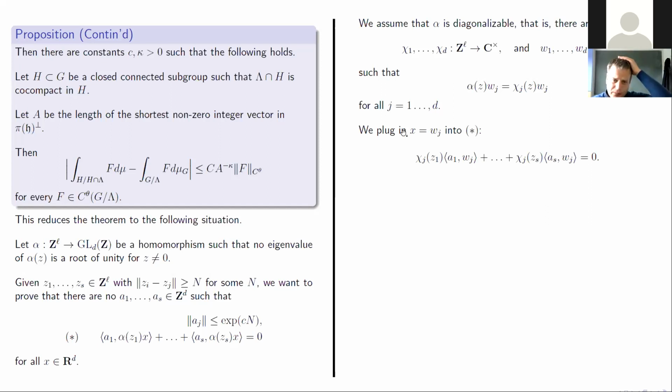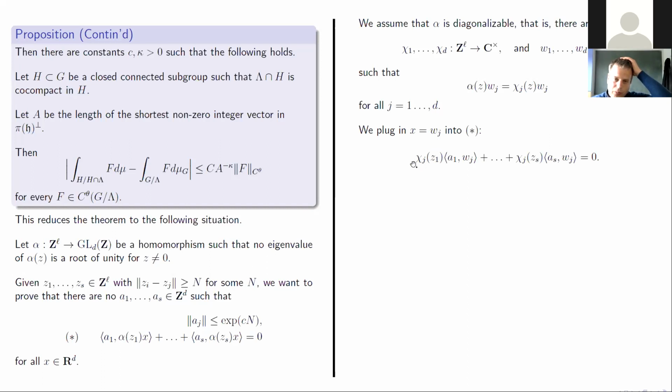So what we are going to do is plug in w_j into my starred equation that I have here, and the action alpha of z on x we'll just pull out.